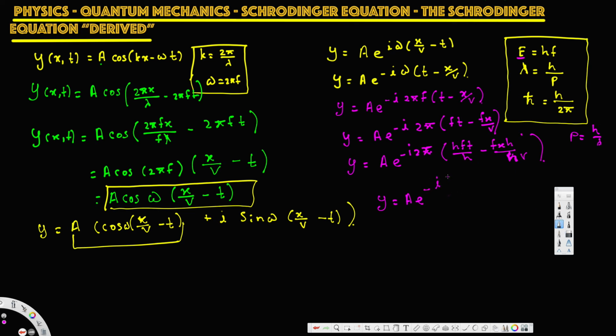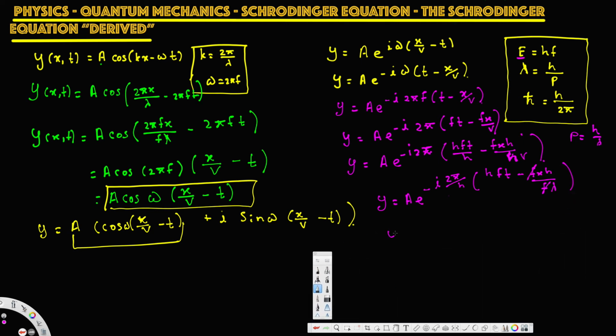Negative i 2 pi over h, and here we have h f t. I moved the denominator in front, so we don't have a denominator anymore, and the same for this h, so we don't have the denominator h anymore. This is going to be f x h. I can replace this v with f lambda because v is equal to f lambda, and from that, f cancels.